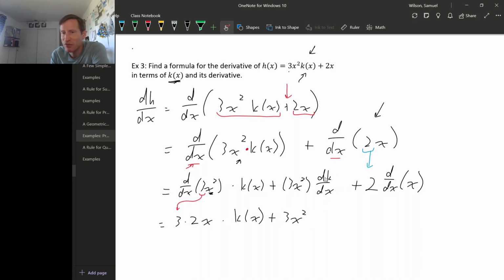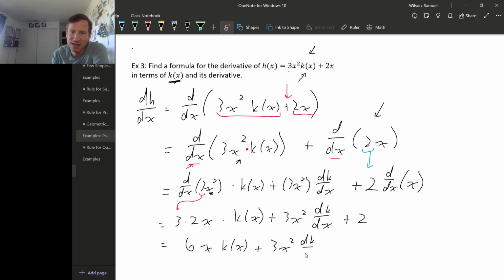And since we don't have a formula for the function k, we can't really write a formula for dk dx, so we just have to leave it as dk dx, plus 2 times dx dx, that's 1, so 2 times 1 is 2. And at this point, we can tidy up some arithmetic here. 6x times k of x plus 3x squared dk dx plus 2.